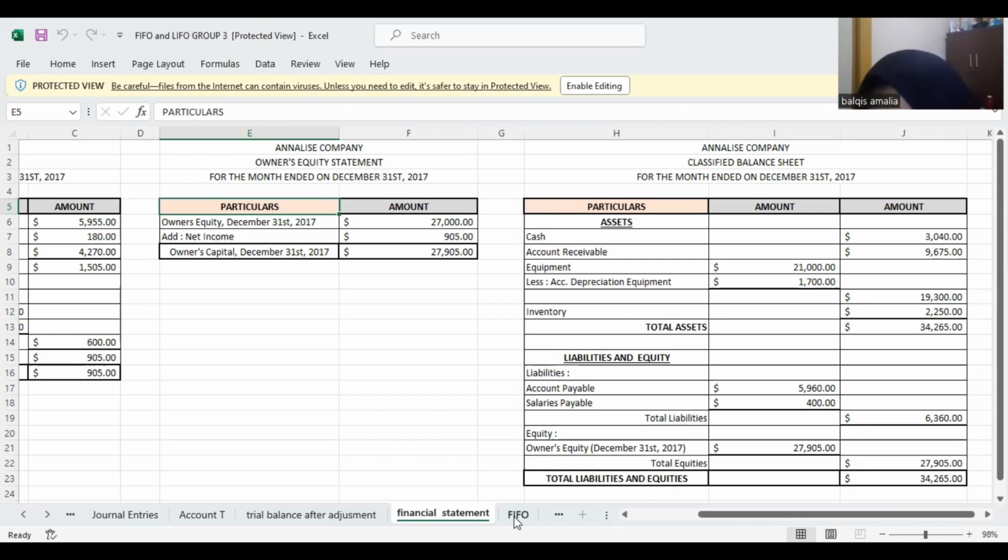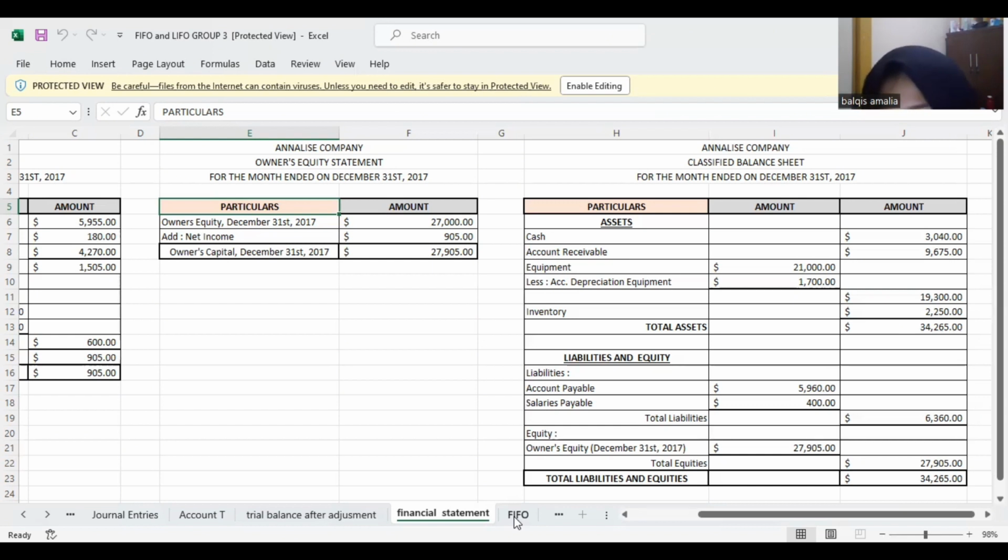And we also have equipment, about $21,000. And it will be minus the accumulated depreciation for equipment, $1,700. And it will be $9,300. And we also have inventory for assets. It's about $2,250.